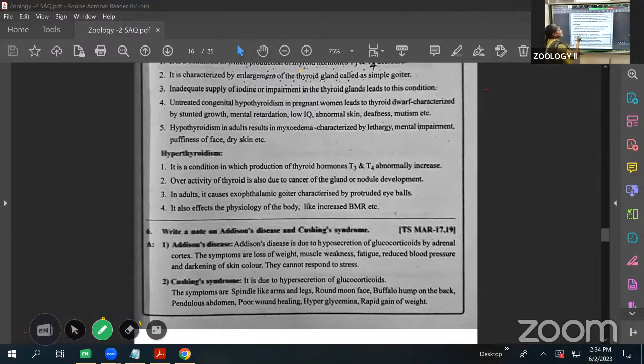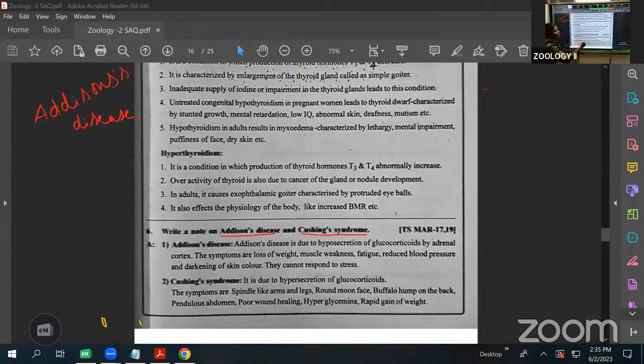Addison's disease is mainly caused by hyposecretion and hypersecretion of the adrenal cortex hormones.